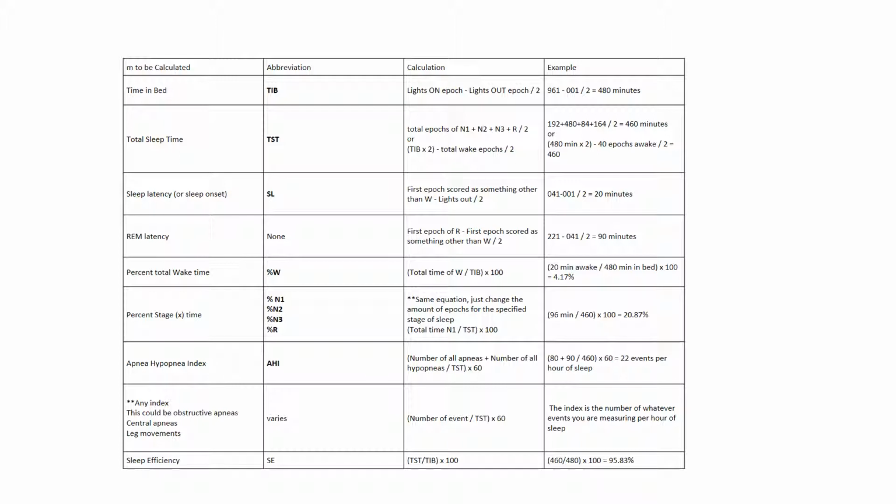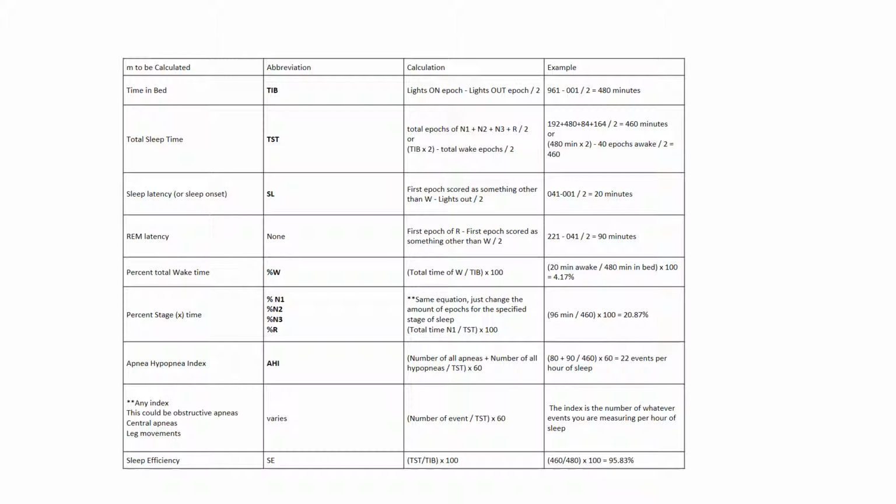There is an alternative calculation, which is the time in bed times 2, and then subtract out the total amount of awake epochs, and then divide that by 2. Why anybody would ever use that calculation is beyond me, to be honest, but better to have it and be aware it exists. So there I have an example for you.